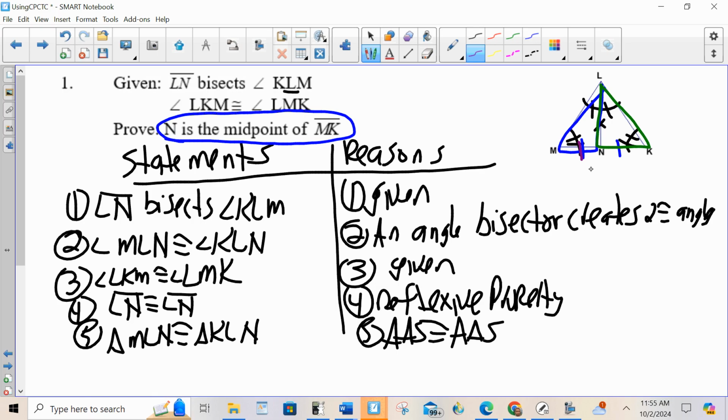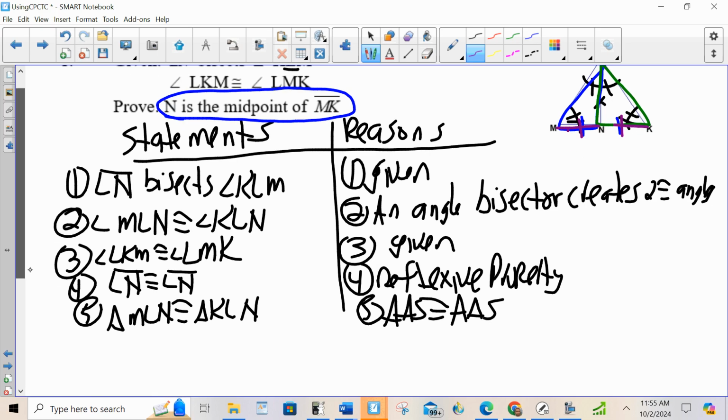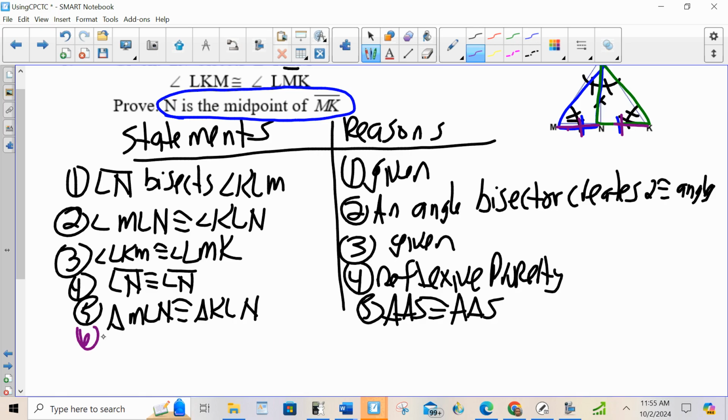I know that they're congruent because if those triangles are congruent, CPCTC states that any of the corresponding parts are congruent, including MN and NK. So now I can write MN is congruent to NK by CPCTC. And now that those two are congruent, that makes N the midpoint of MK.